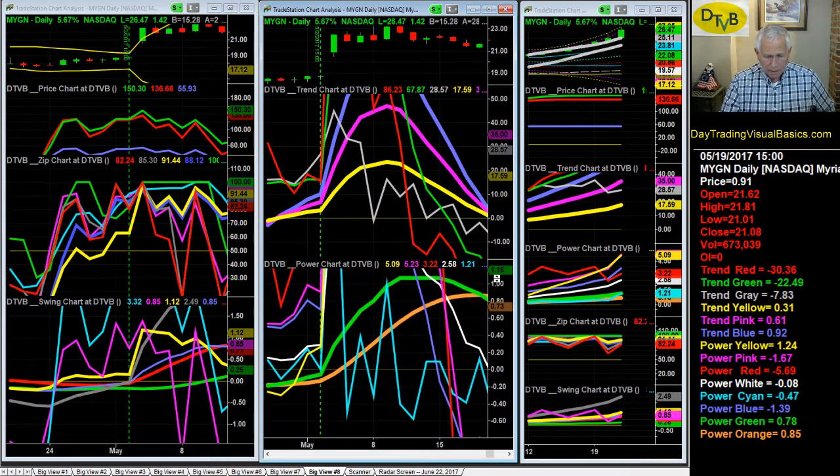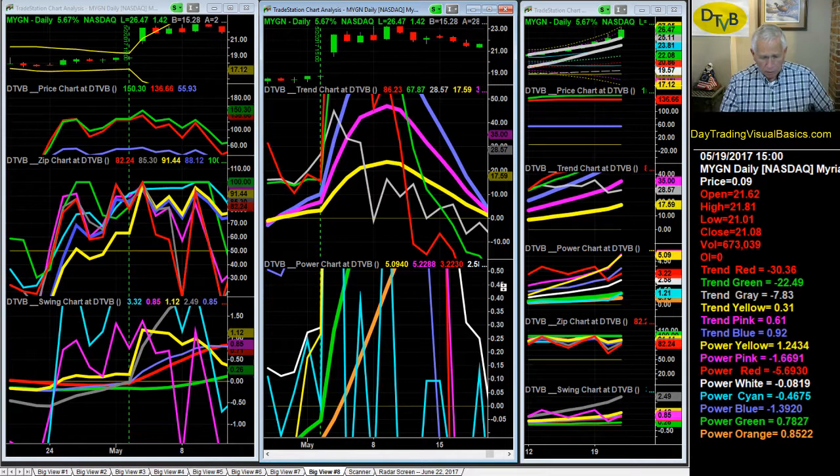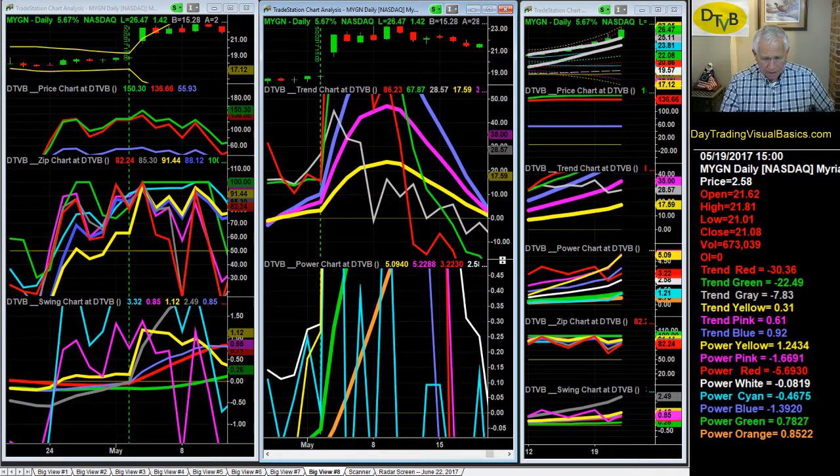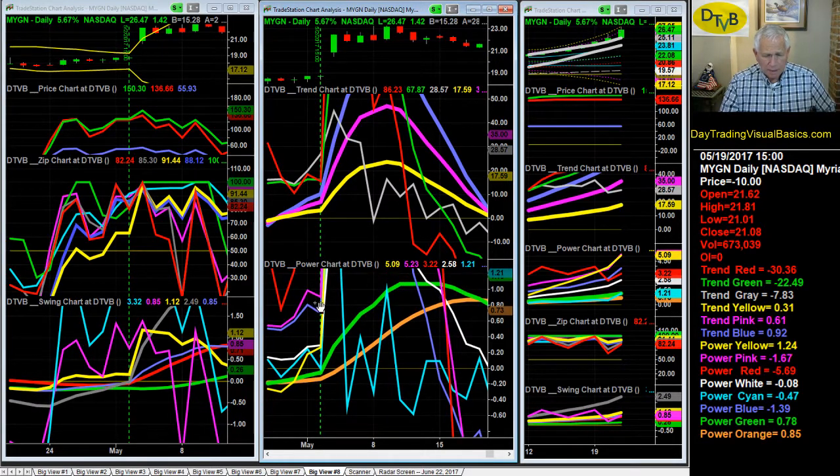And when we look at it like this, we see that pink and blue are in a TOC higher pattern, and white and yellow are in a 2-3 day up pattern. Both of them look like they're up 3 days, yes. So white and yellow are up 3 days, and pink and blue are in a TOC higher pattern.